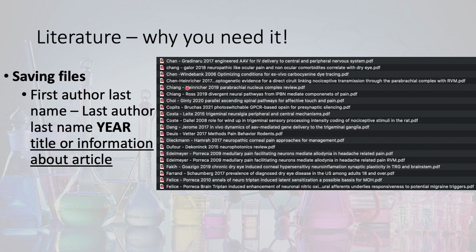So typically the last author on a paper is the senior author. It's usually whoever contributed the most to the development and resources to complete the project. And then again, the year helps differentiate when these articles were published. Let's see if I have another example here.